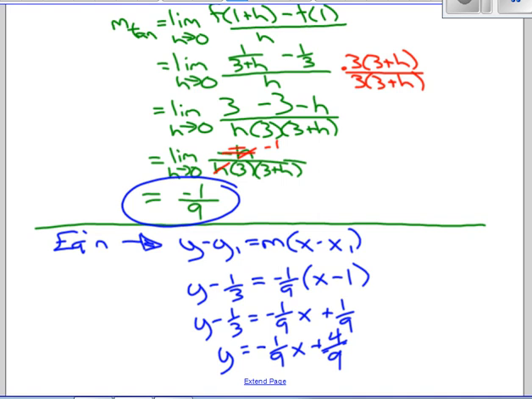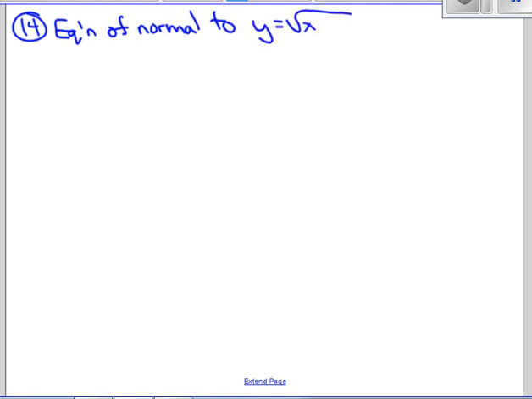Pretty similar for number 14. We want the equation of the normal in this one. So there's just going to be one extra little step. 2y equals root x minus 3 at x equals 5.